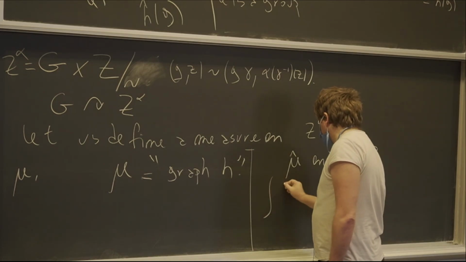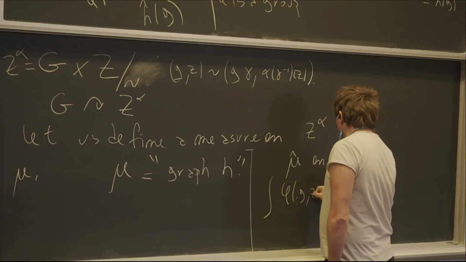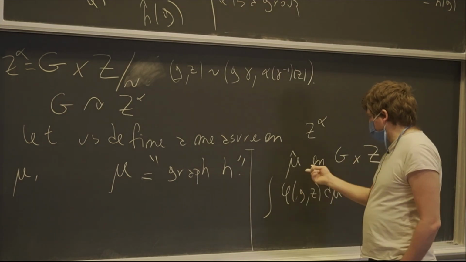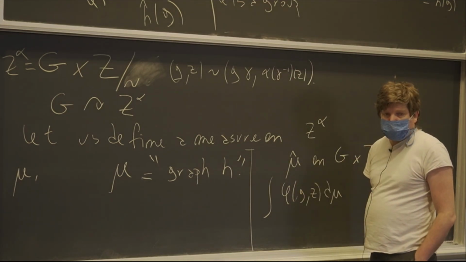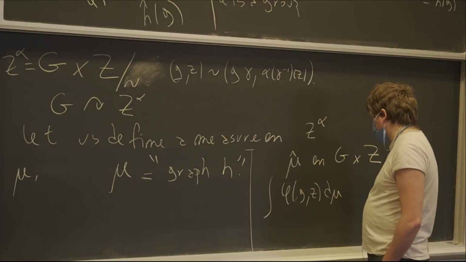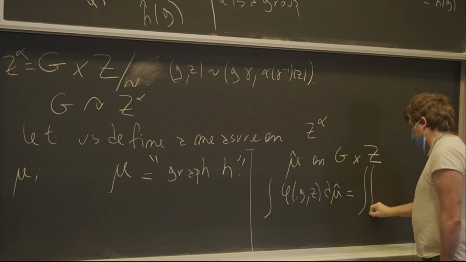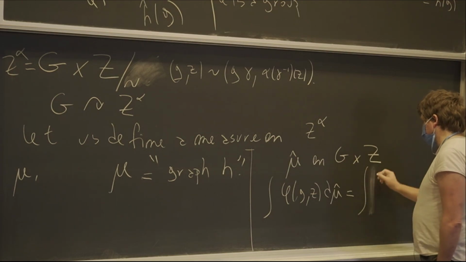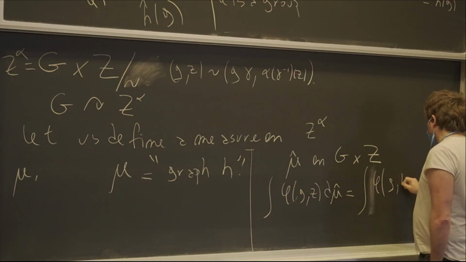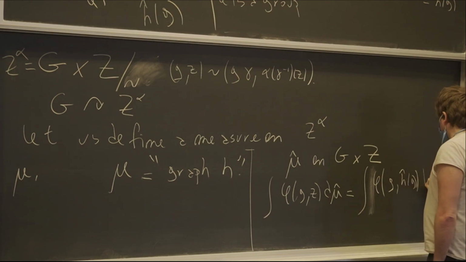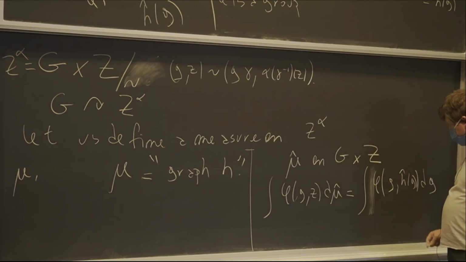So the integral of phi of (g, c) d mu hat, with phi a continuous compactly supported function, is the integral of phi of (g, H hat of g) dg. Good. So this is well defined just by the definition of Q.